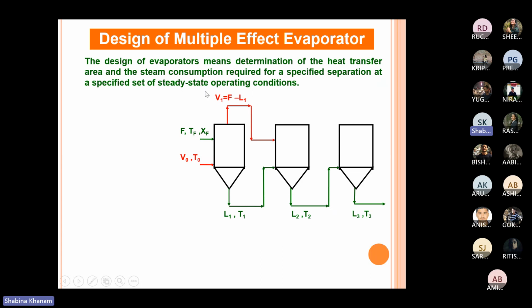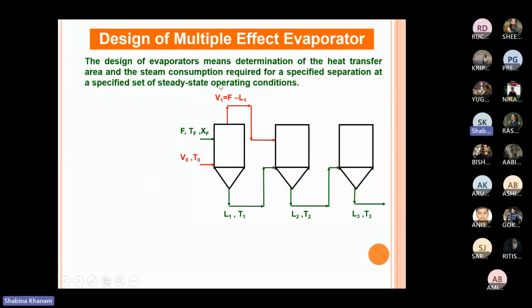So if you are considering V1 is the vapor which is exiting the first effect, that would be F minus L1. F is the total feed, L1 would be the product from this first effect. Because whatever V1 is generated, that V1 will generate only from the feed, and whatever remaining part is there, it will exit as a liquid.